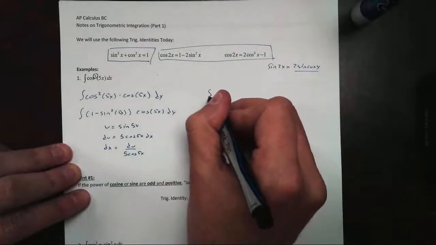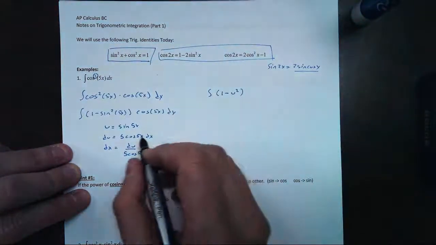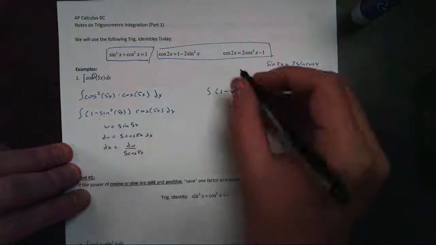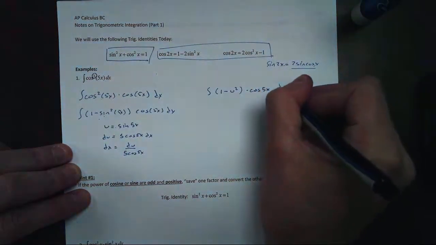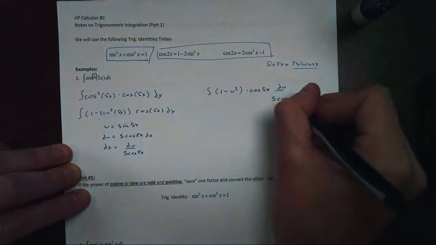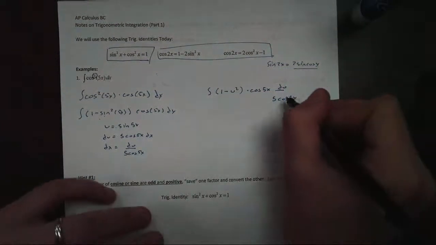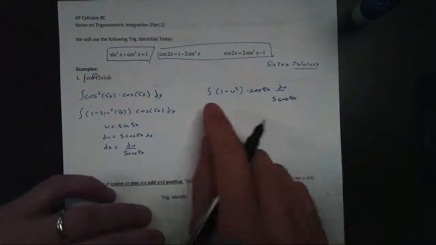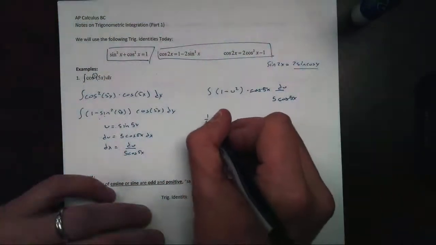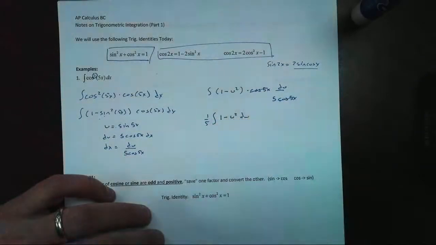Rewriting it, we would get 1 minus u squared, because remember, I replaced sine with u, times the cosine of 5x, and I get du over 5 cosine 5x. And the cosines cancel out very nicely. If I bring out the 1/5, I'm left with the antiderivative of 1 minus u squared du.